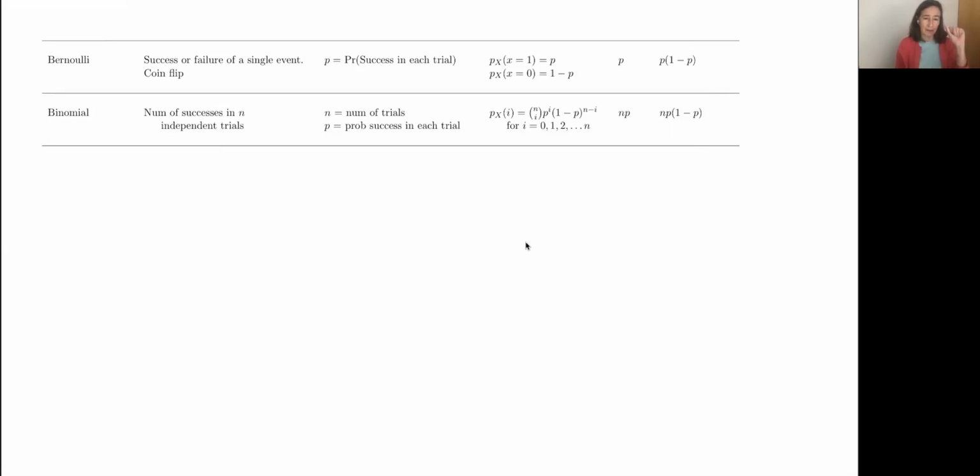Bernoulli random variables take two values, usually 0 or 1, and we use them to model the success or failure of a single event. So a coin flip is a Bernoulli trial. Any either-or decision is a Bernoulli trial. What's important is that the probability of a success, of a heads, of getting a 1, doesn't have to be 50-50.